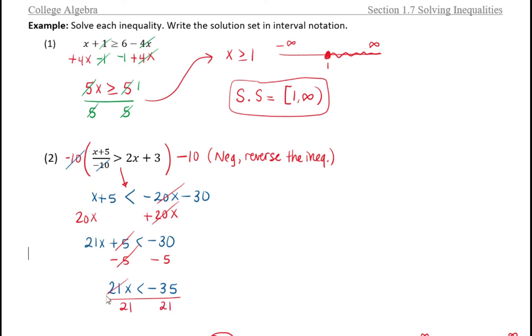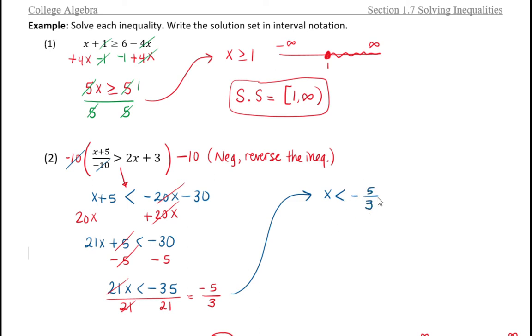You see these two will cancel, and that will simplify, you can divide both of them by 7. So that will be -5/3. So what we get at the end is x is less than -5/3.